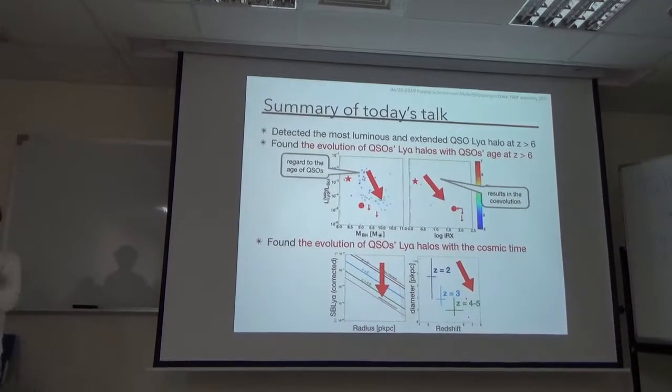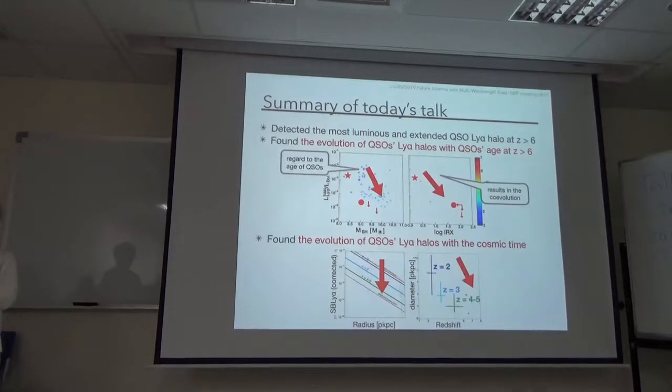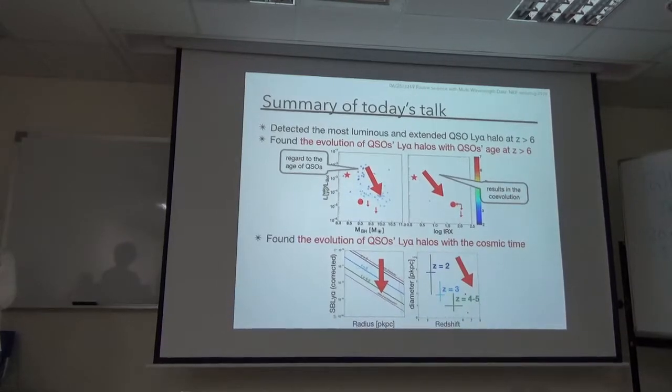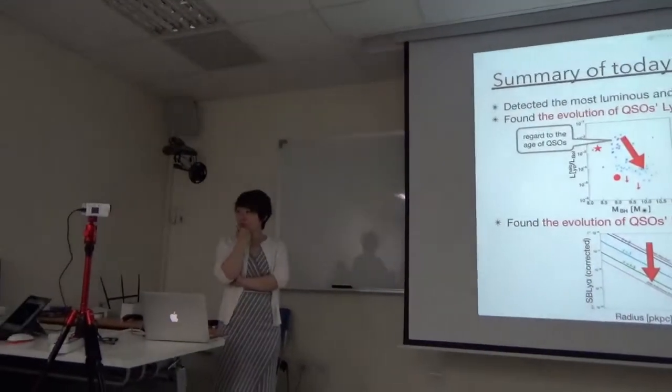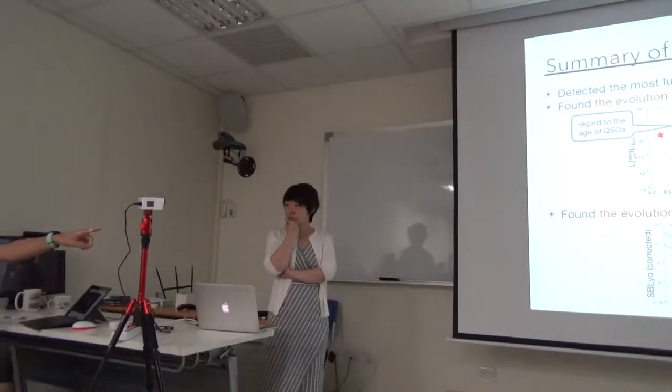So then, if you naively scale black hole mass with diameter, your decline might be even steeper if you compare the same black hole mass. Maybe, yeah. Do you mean this direction? Yes.